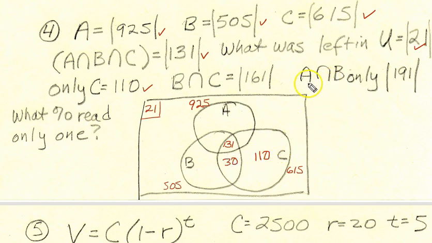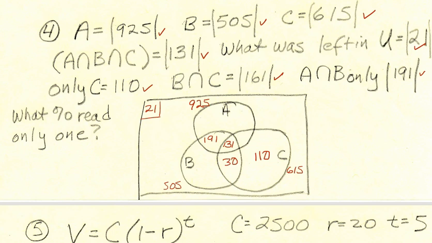Okay, now A intersecting with B only, we're saying is 191. So this is 191. We haven't done this one, 161, yes we did, okay.